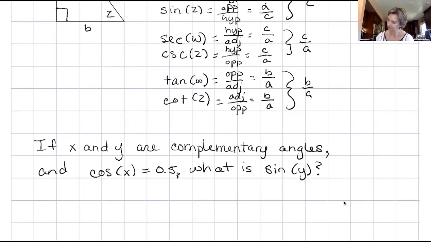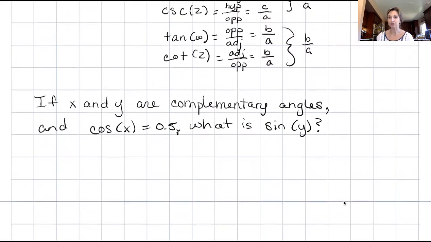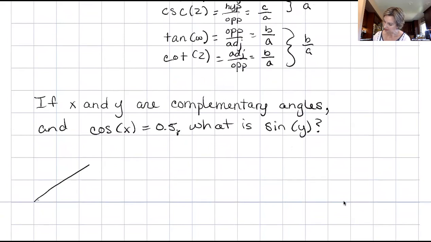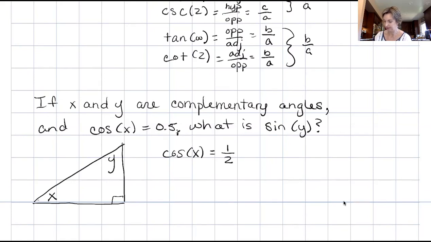Okay, let's think about this for a minute. Why don't we go ahead and draw a triangle to help us work it out. Okay, so we have an angle X and we have an angle Y. They're complementary. They add up to 90 degrees. And they tell us the cosine of X is 0.5. That means the cosine of X is 1/2, which is adjacent over hypotenuse.